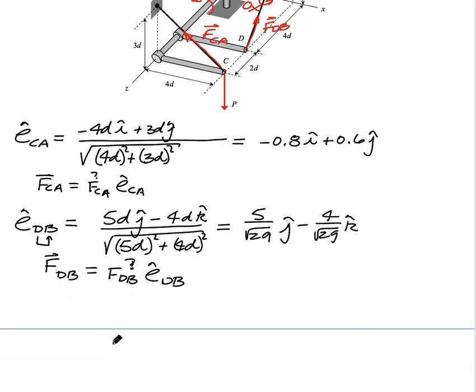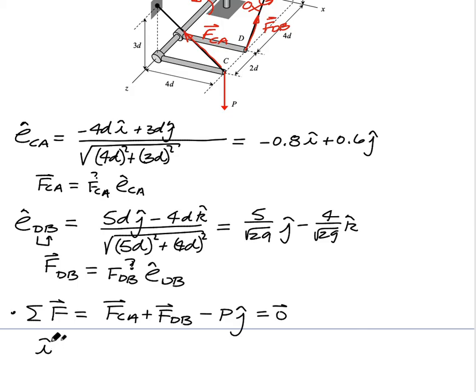So for my equilibrium equations, I'm going to first write down summation of forces as a vector, and that's the cable force FCA. The cable force FDB gets added on to that, and then the load P is in the minus J. For equilibrium, that is a 0.